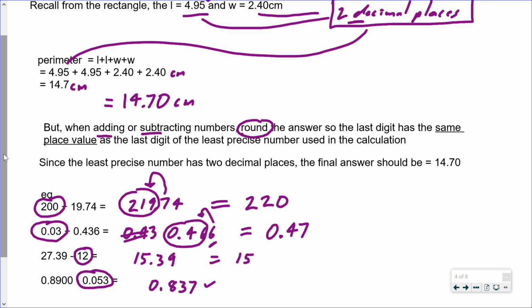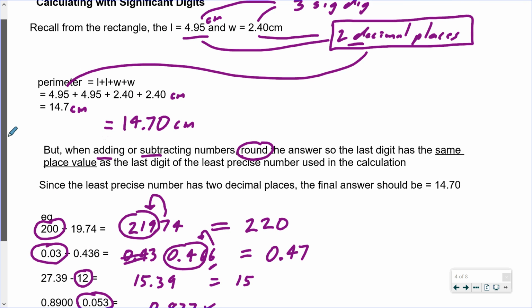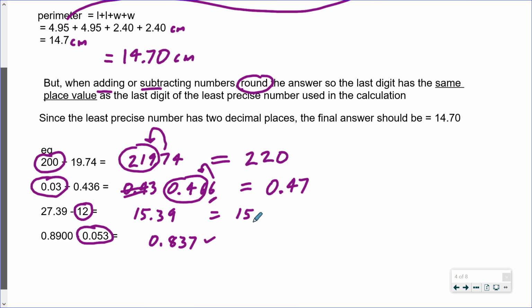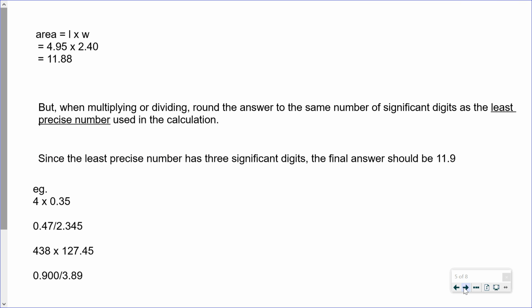Having said all of that, most of the time in this course, we're actually not doing addition and subtraction. We're doing multiplication and division. And unfortunately, it's a different rule when you're multiplying and dividing numbers. So now, from our original rectangle, we're going to calculate the area, the length times the width. So again, I should of course have centimeters in here for each one of those.